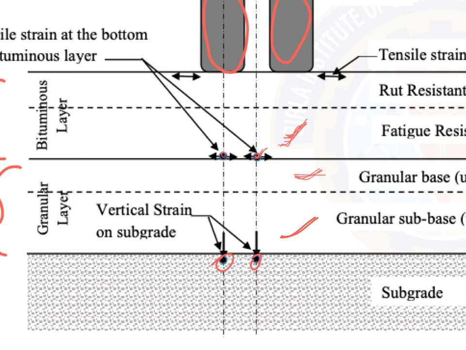So this will be on the top of the subgrade, on the subgrade side, and at this point we have to determine the vertical strain. So at two points the tensile strain, and at two points the vertical strain. These points will be at the bottom of the bituminous layer, and these points will be at the top of your subgrade. So these two strains we have to determine.